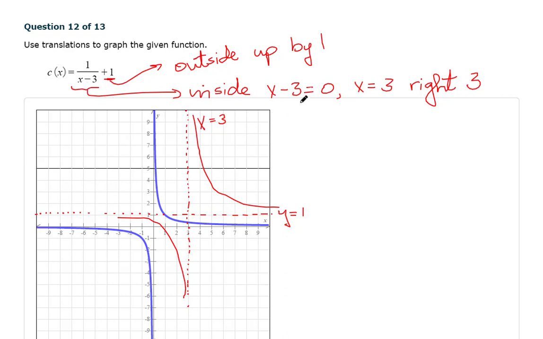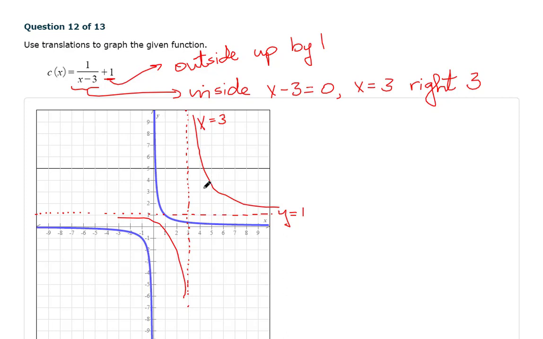What makes it equal to 0 is 3. So right by 3. Okay, so if it used to be blowing up here at the origin and I go right by 3, it now will be tearing and running off to plus and minus infinity at the vertical line x is equal to 3.